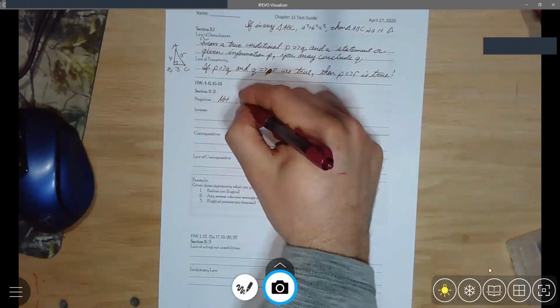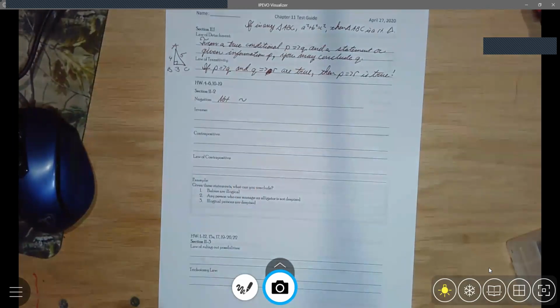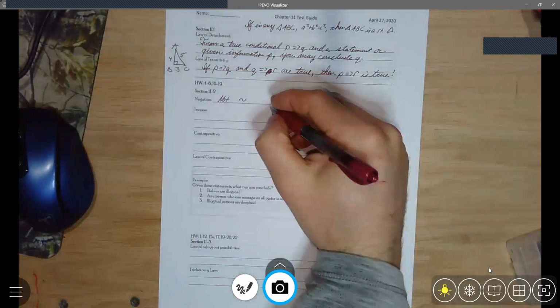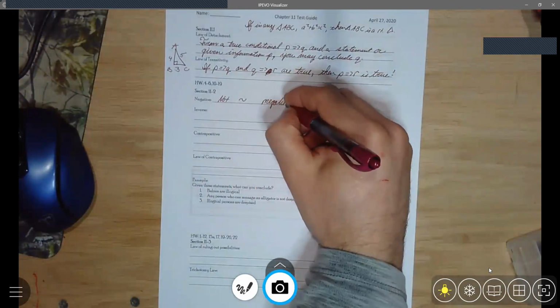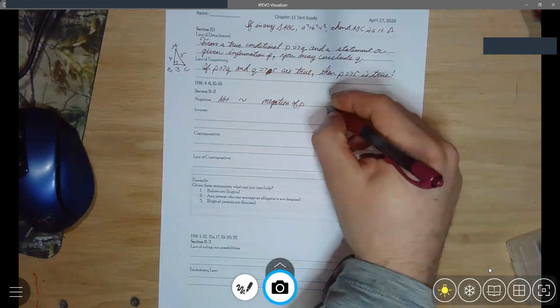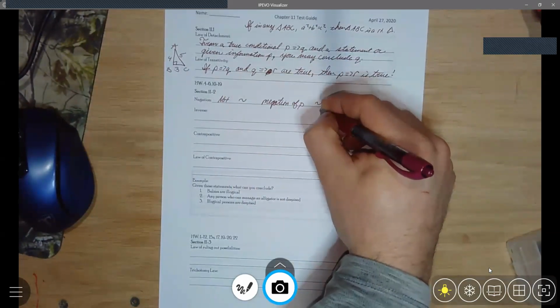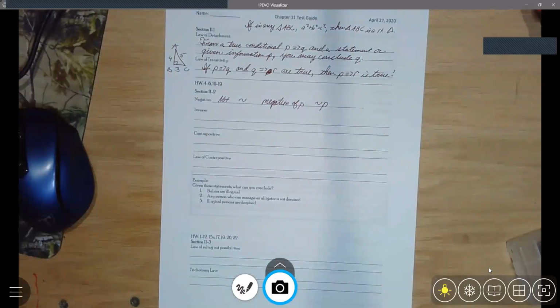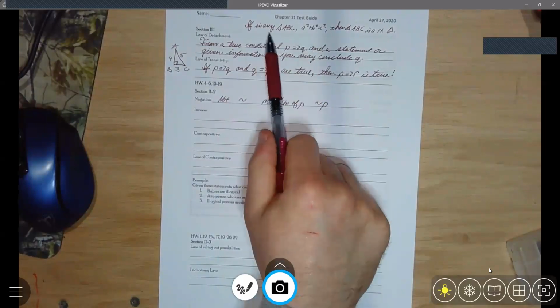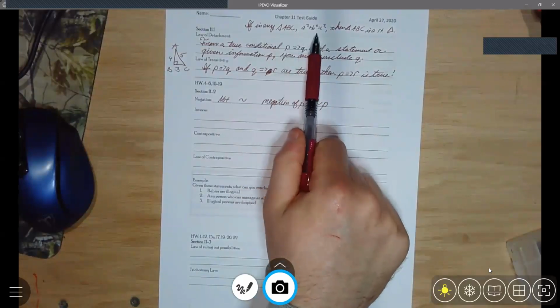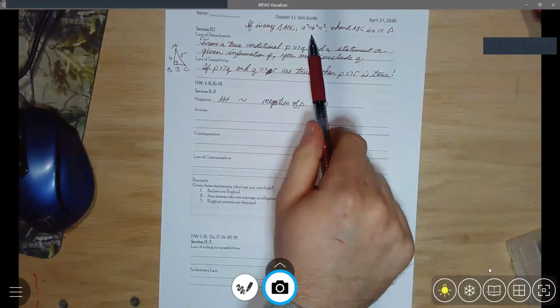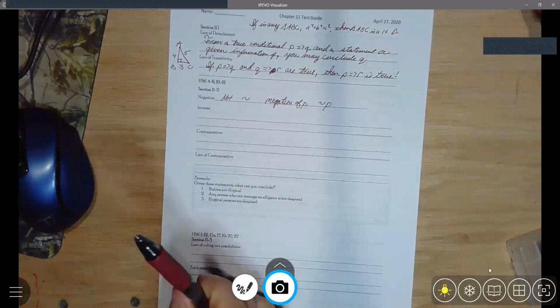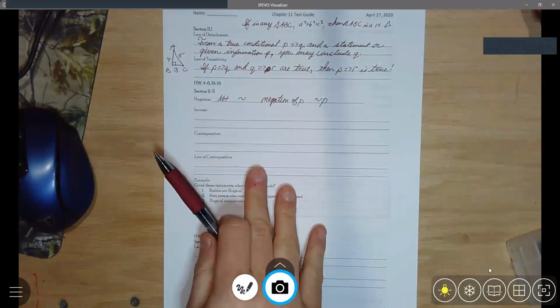So the symbol is this squiggly, and so symbolically we'll write the negation of P as not P. So if P is this statement up here, any triangle ABC, a squared plus b squared is c squared, not P would be that a squared plus b squared was not c squared. Okay, so a negation means the opposite.